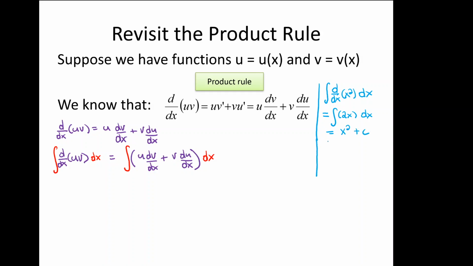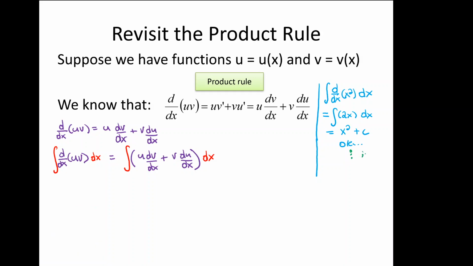So in general, imagine replacing that with x to the power of 3. The derivative of x to the power of 3 is 3x squared, and the antiderivative of 3x squared is going to be x to the 3. Okay, so you put any function there, what's going to happen is the following.